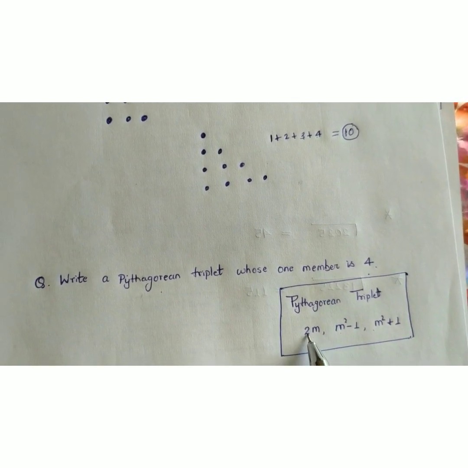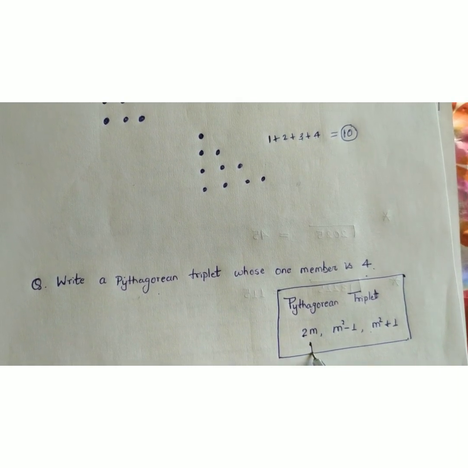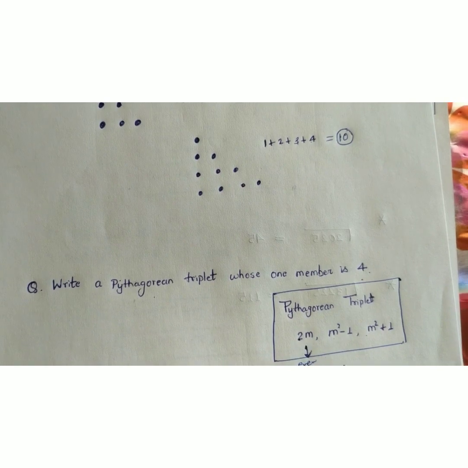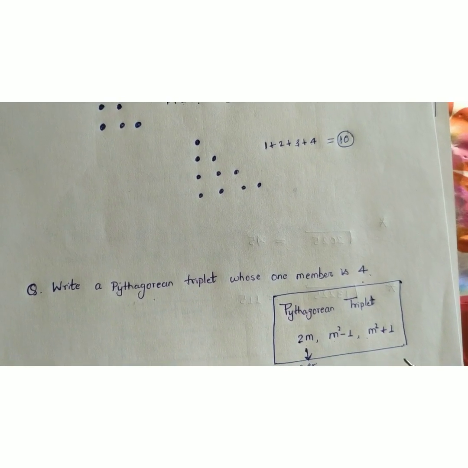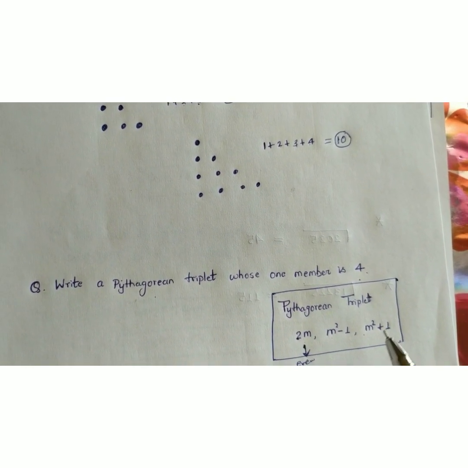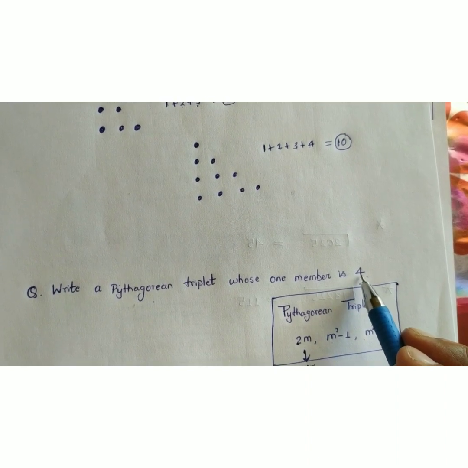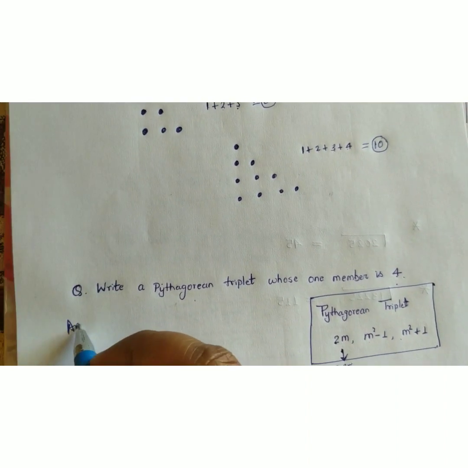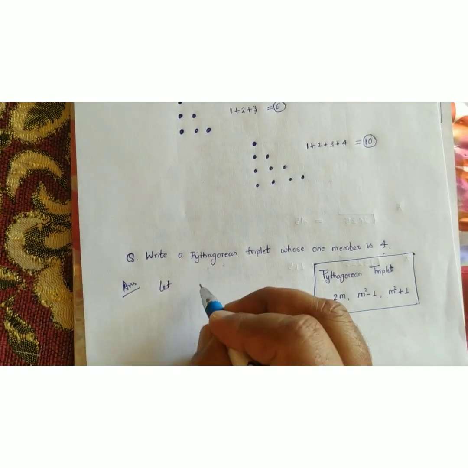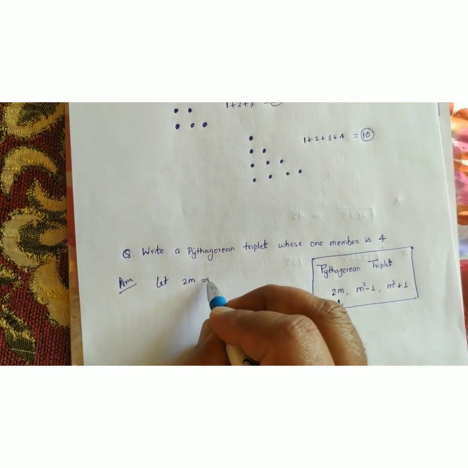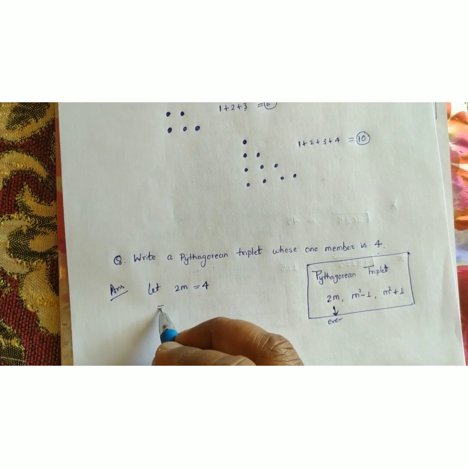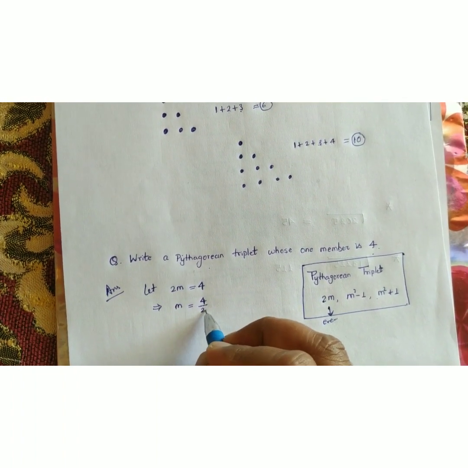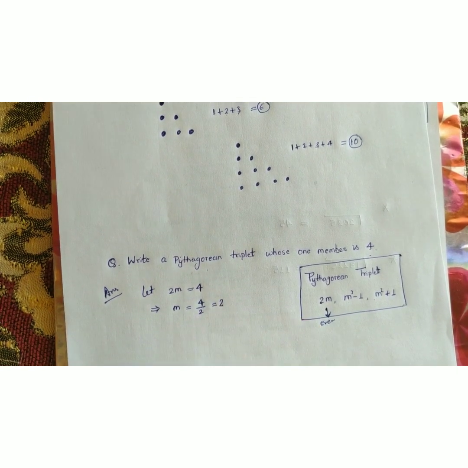Now 2m is even, it is always even because it is a product of 2. So we assume that the given number is equal to 2m. Let 2m is equal to 4. That implies m is equal to 4 divided by 2 is equal to 2.